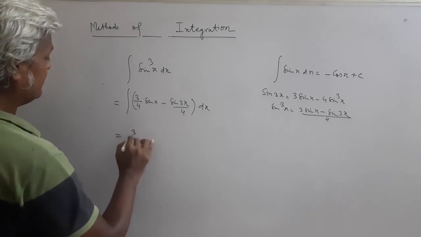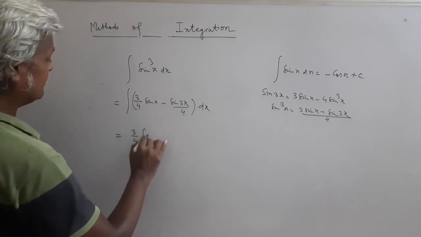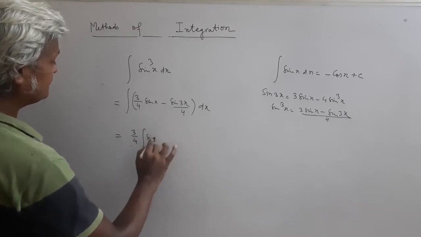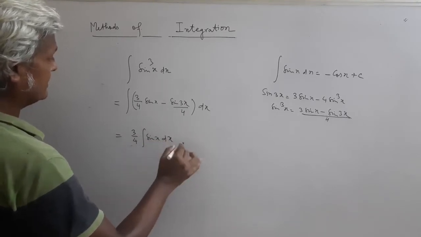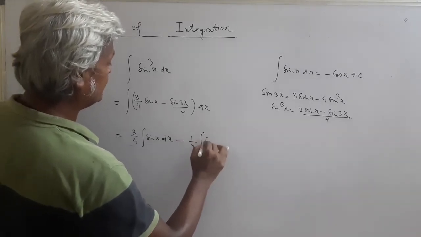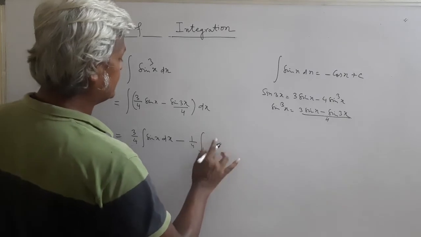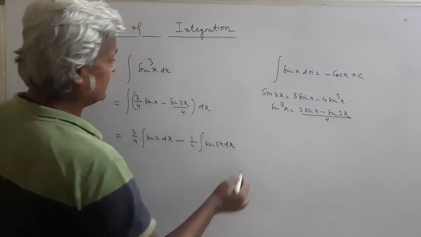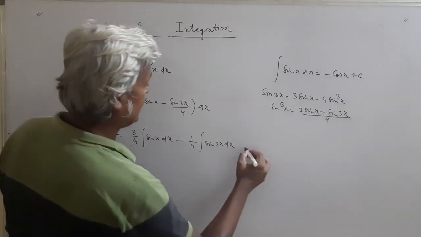Now you take 3 by 4 outside from the first term, and then we have the integration of sine x dx, and minus 1 by 4 and the integration of sine 3x dx.